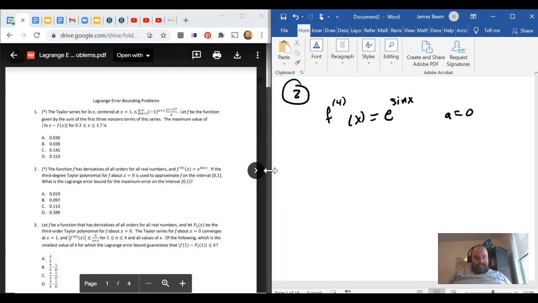Okay, so we don't know what the third degree Taylor polynomial is, but we're going to try to figure out what the difference between that and f of x is, right? So we want to have the maximum for this on 0, 1, okay?